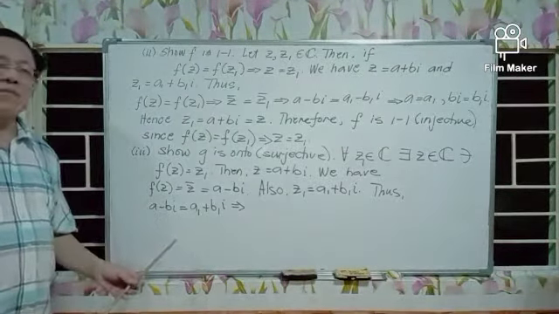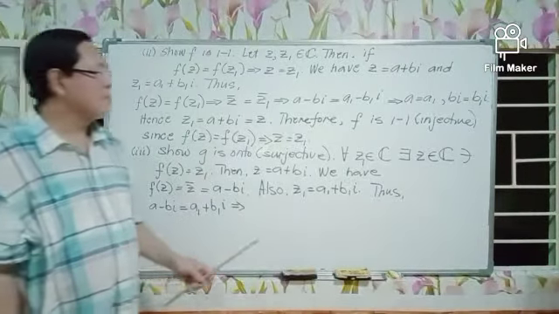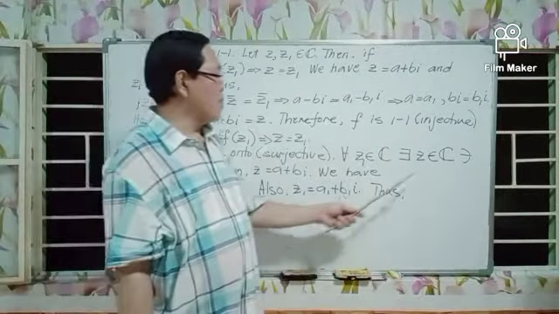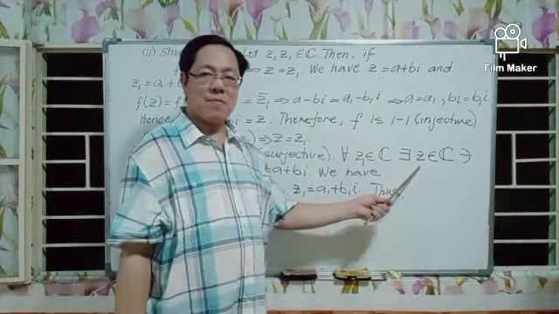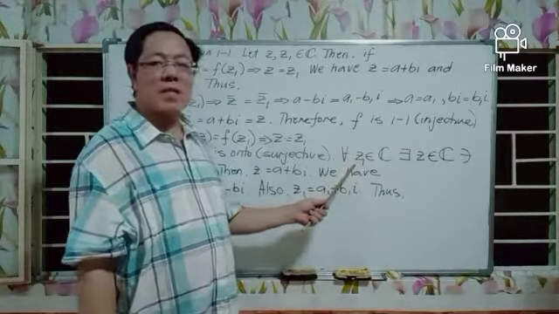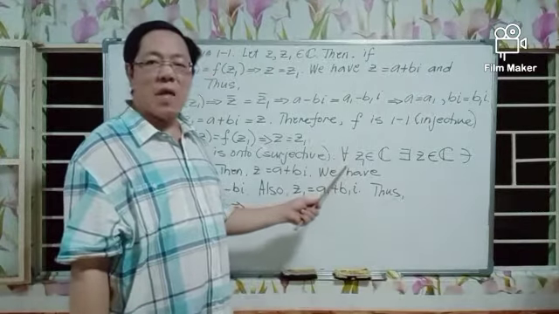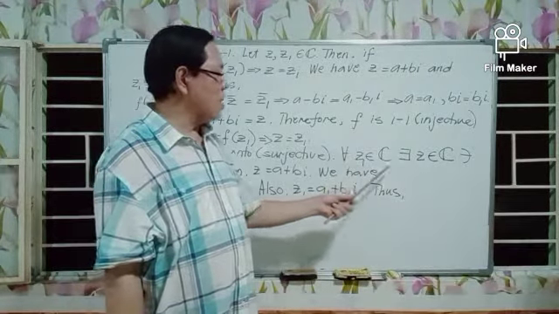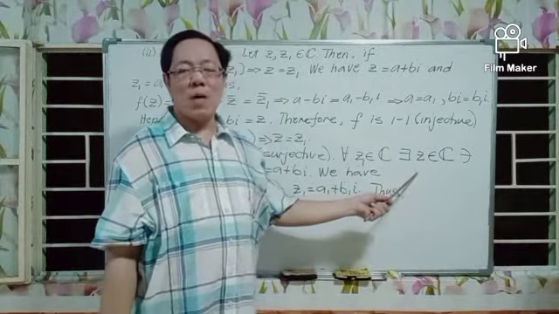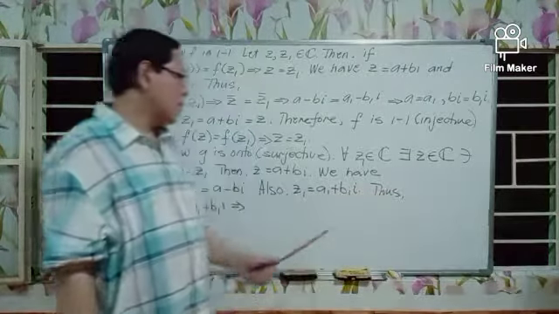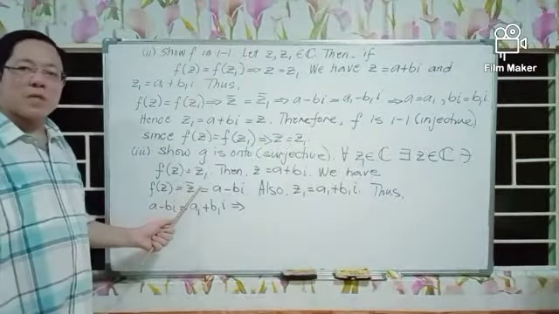We are looking here for a complex number c. The given here is the complex number c sub 1. We start with the complex number c sub 1, for every c sub 1 there exists a c. So we are looking for a complex number c whose image is equal to c sub 1.